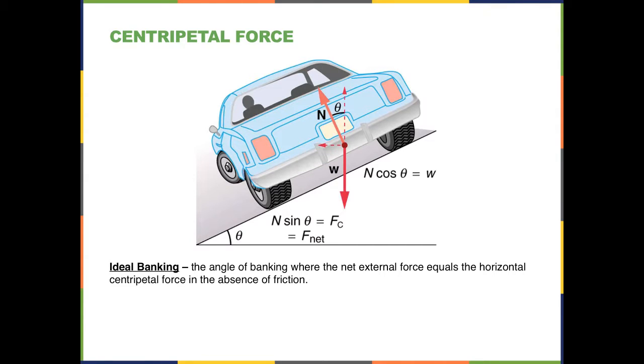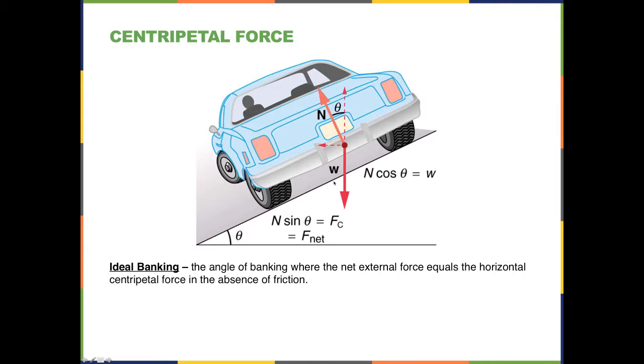Now, ideal banking is the angle of banking where the external forces are equal to the centripetal force in the absence of friction. The external force is the horizontal force that would send the car off the road. If this car were just sitting there and there were no friction, it would slide down this way.